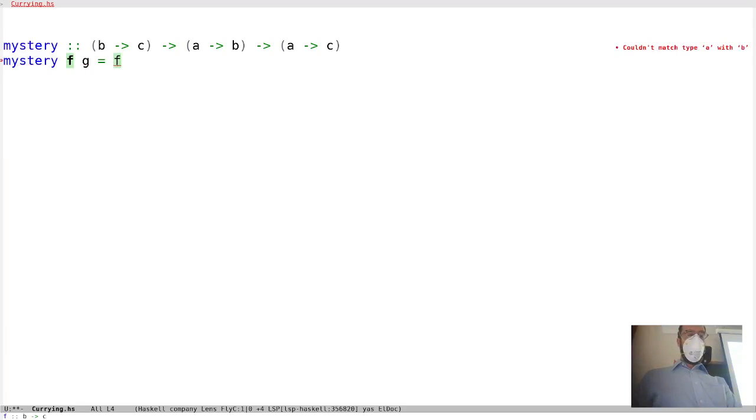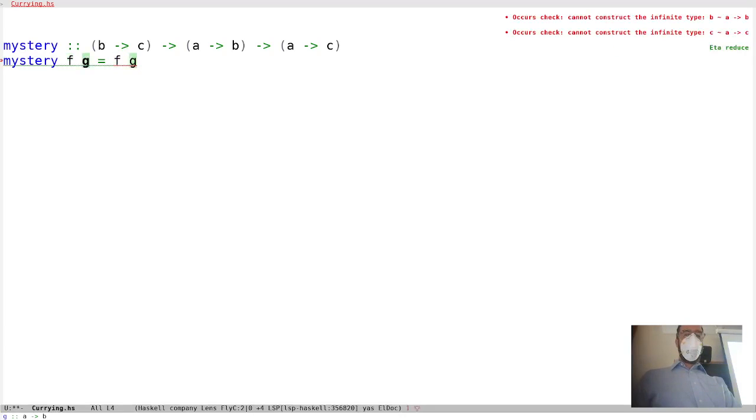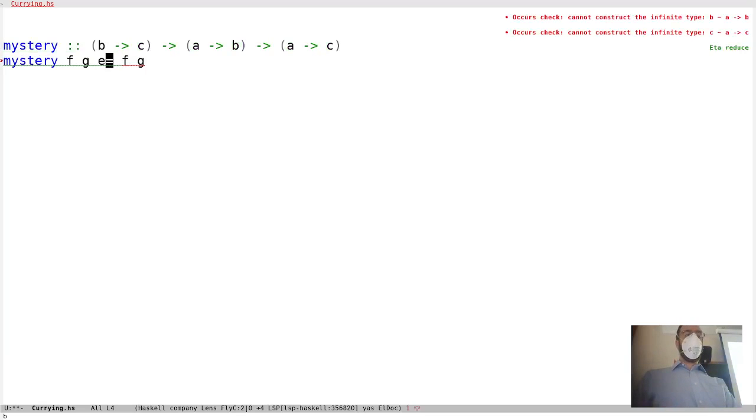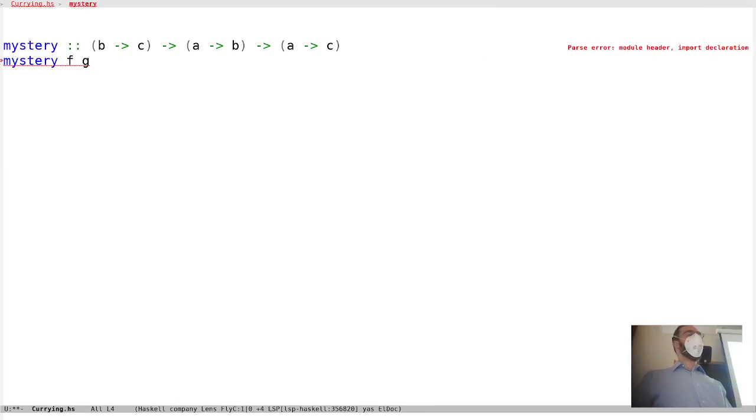I can't just say that, it doesn't have the right type, because f takes a b as an argument, but g does not have that type. g is not a b, it's a to b. So that's the right idea, I think, but how should I start? Even if you don't know the whole thing, what are some ideas about how I could proceed?